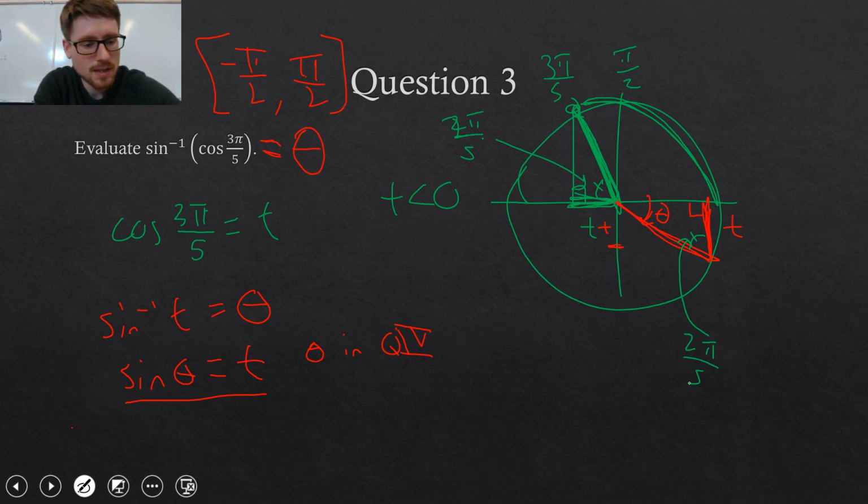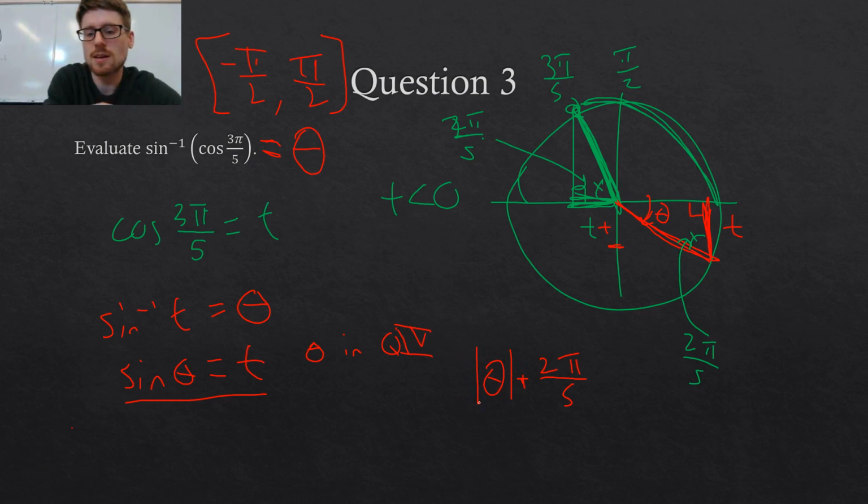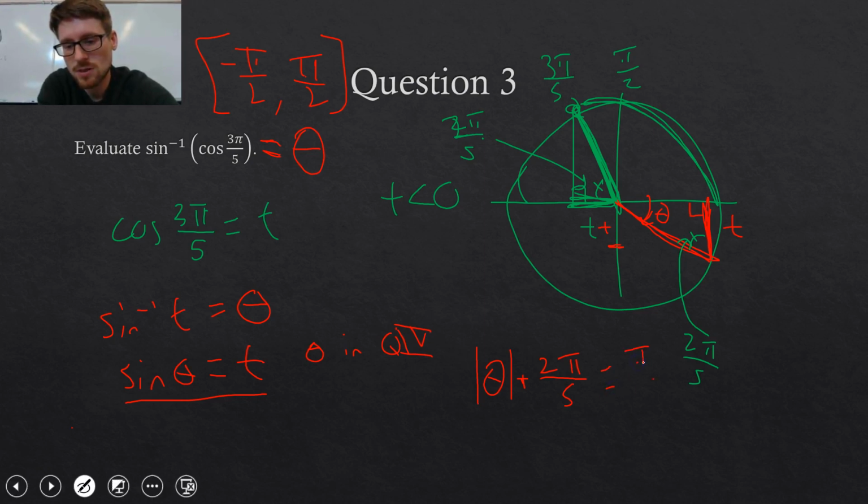And so then that tells us that theta plus 2 pi over 5. I'm really going to make a distinction here that it's in fact the absolute value of theta. Theta is actually a negative angle because we can see that it's counting clockwise. But the absolute value of theta plus 2 pi over 5 equals pi over 2. So these are both complementary. Okay?